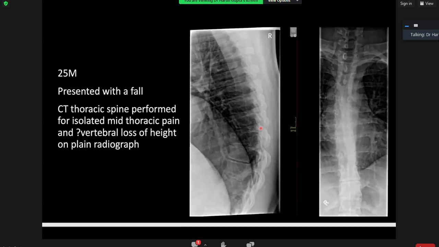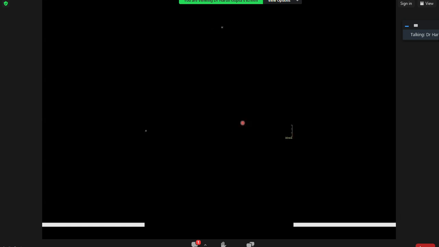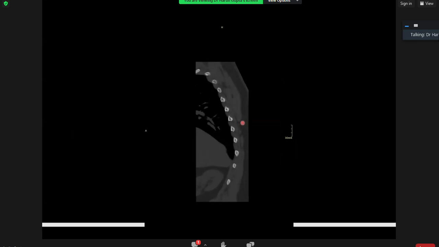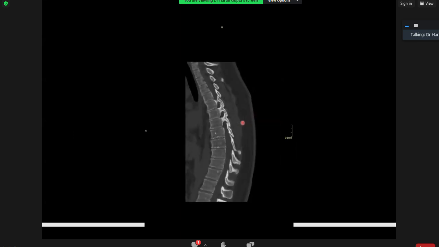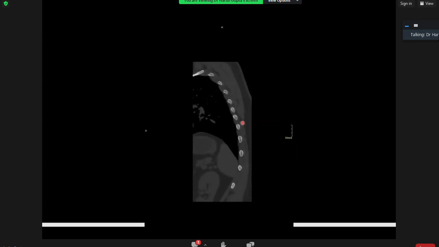Another interesting case: a 25-year-old male came to the A&E following a fall. Because he had a fall, he luckily had a CT scan and plain radiographs done. On the plain radiograph, they couldn't see much, so they went ahead with the CT scan.